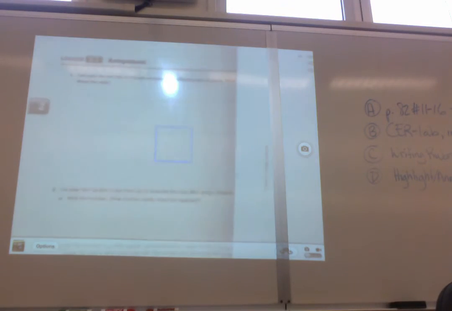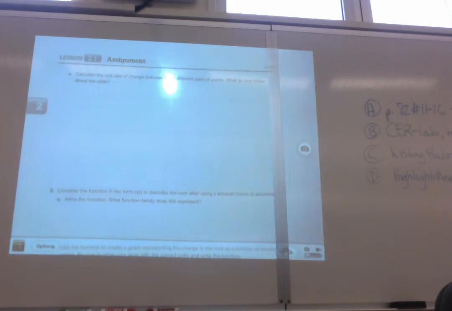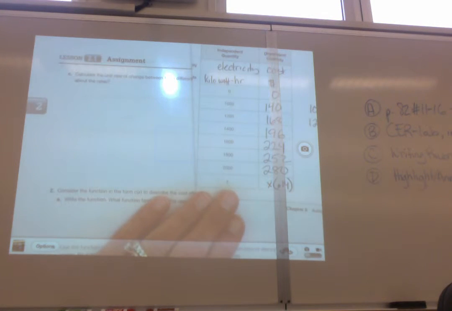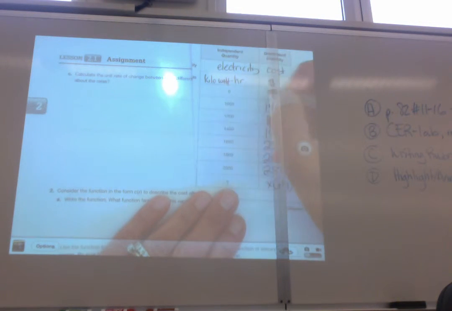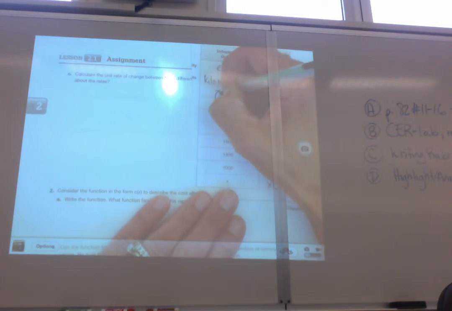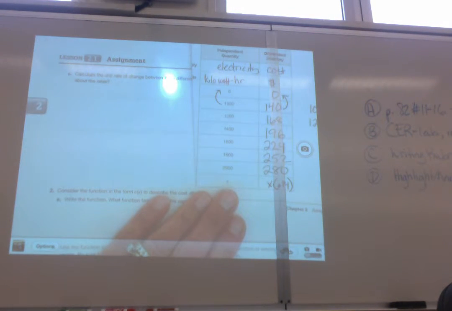All right, so calculate the rate of change between 3 different points. Let's see if I can have my graph right here. You had a whole bunch of this kind of problem in the last packet. What you're looking at is how these two compare and these two compare. Usually in rate of change, you put the y's on top and the x's on bottom.